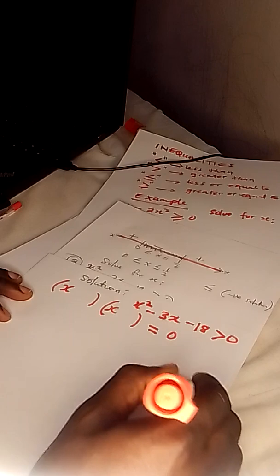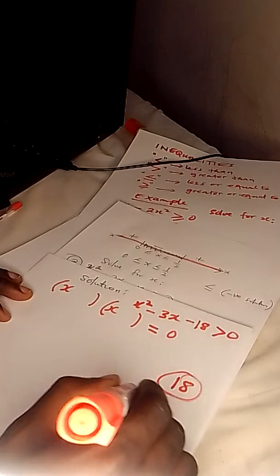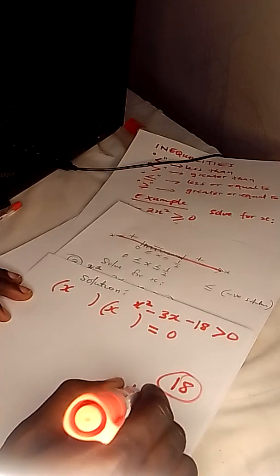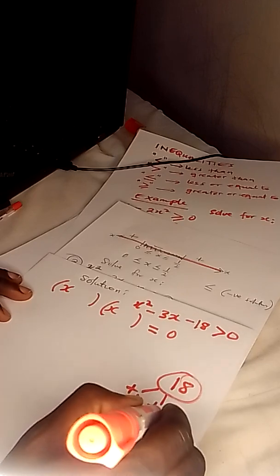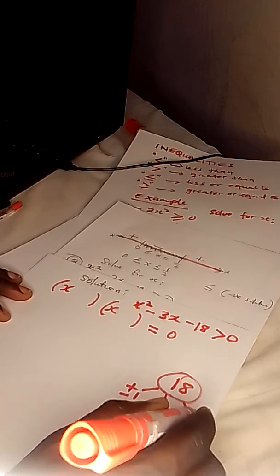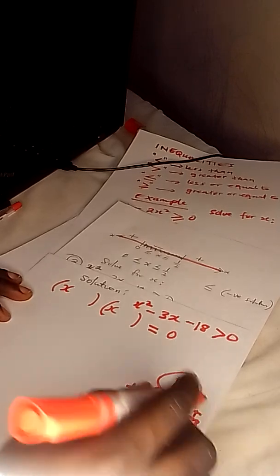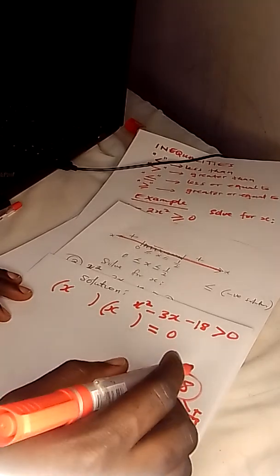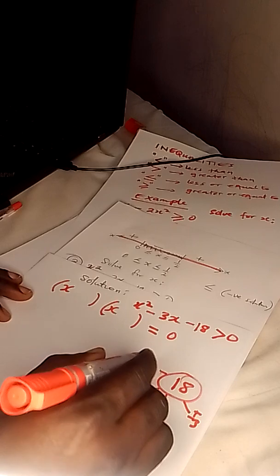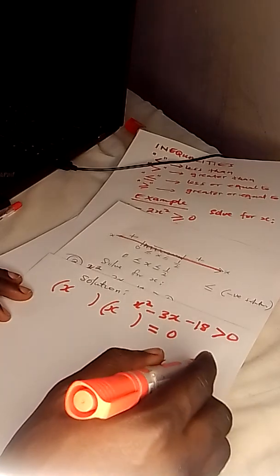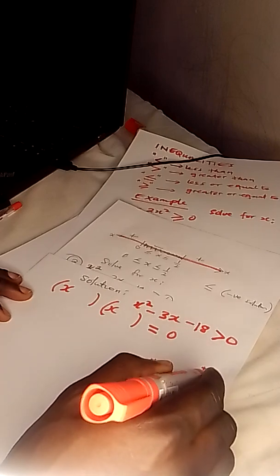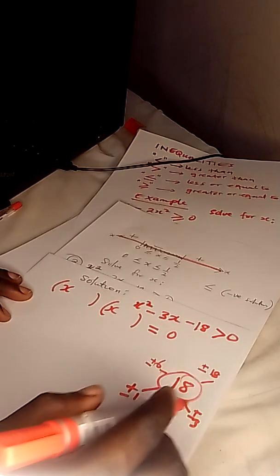So definitely it's going to be factors of 18 now. It's going to be plus or minus 1, plus or minus 2, plus or minus 3, plus or minus 6, and then I think plus or minus 18.